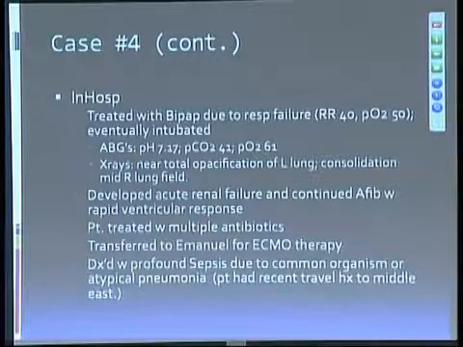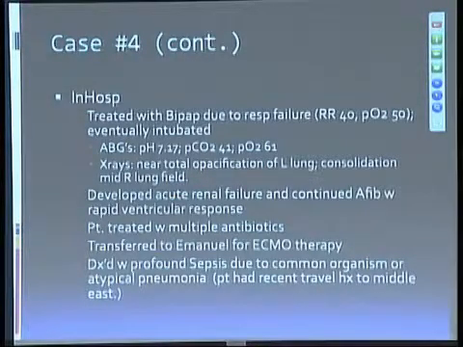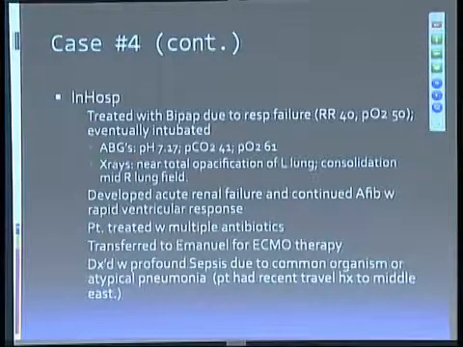Continued AFib with rapid ventricular response despite treatment, treated with multiple antibiotics. Ultimately, was transferred to Emmanuel to put on ECMO, extracorporeal treatment to get some oxygen in his blood because it's not coming through his lungs anymore.